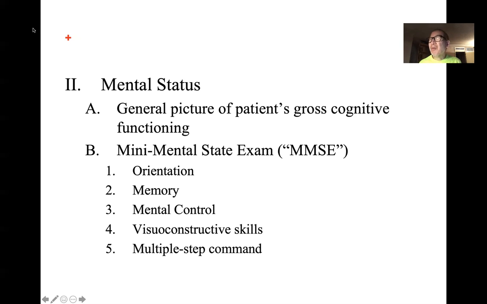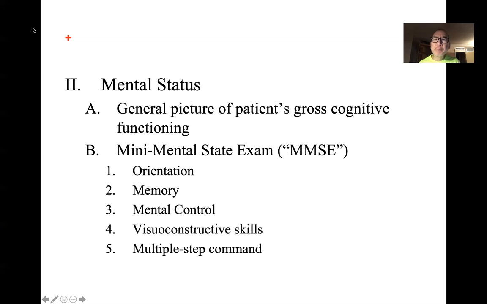It's kind of a quick and dirty measure of a lot of functions, but very helpful, first, in identifying a potential problem, and then related to that, coming up with, if need be, a good testing referral question.